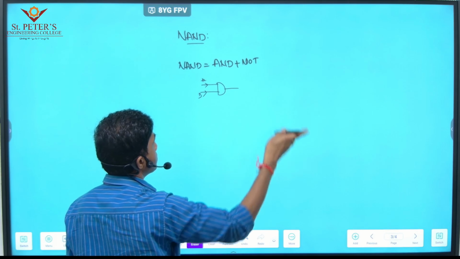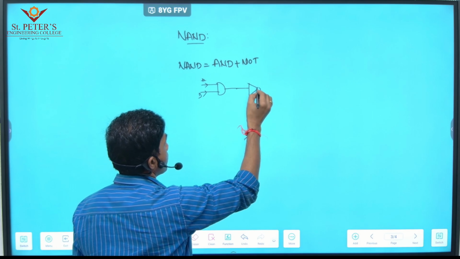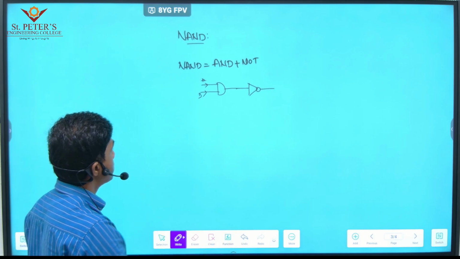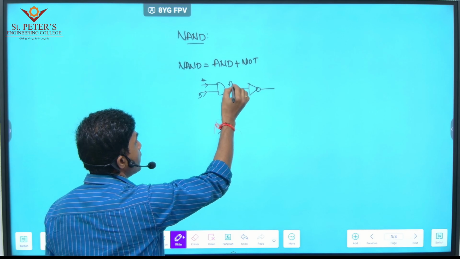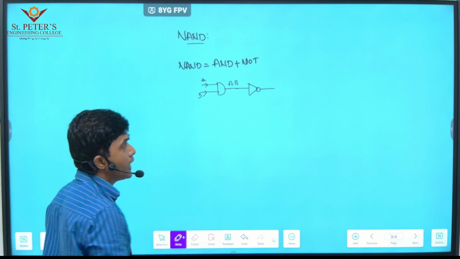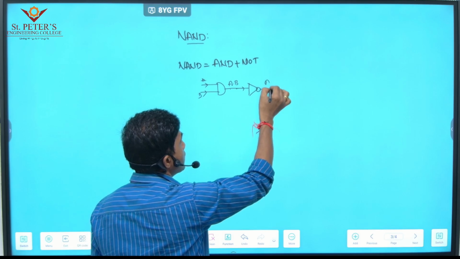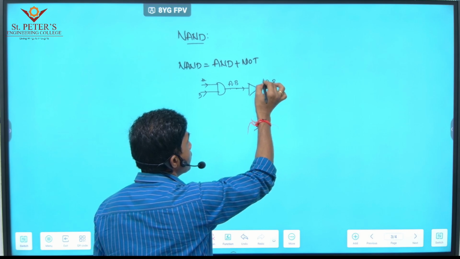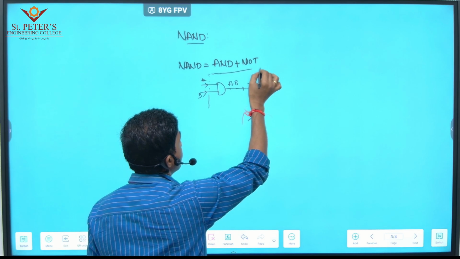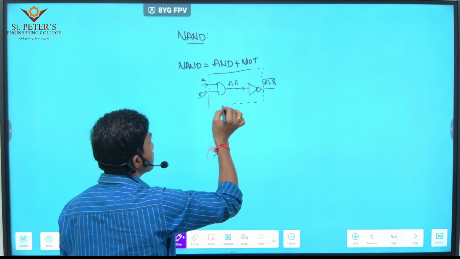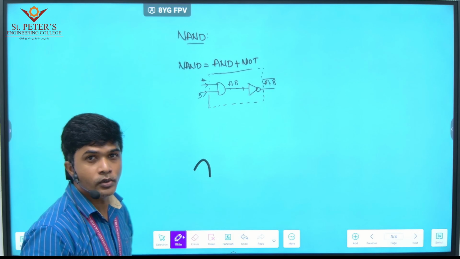If you observe here, what is the output you are going to see? A, B are the inputs. Here A dot B is the output for the AND gate. If A dot B is the input for this NOT gate, obviously you are going to get A dot B whole bar. So this whole system, if I include in one box, if I consider A and B are the inputs, A dot B bar is equal to output.